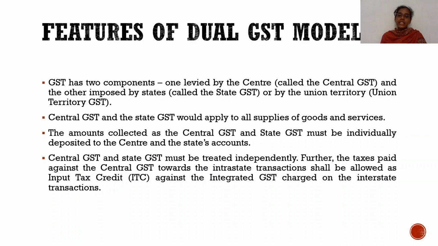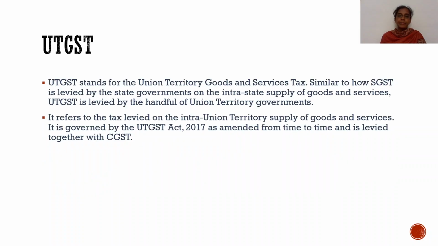So any of the taxes paid under CGST can be claimed under IGST. It cannot be claimed under SGST. In the same way, any of the taxes paid as SGST can be claimed towards SGST and IGST, but it cannot be claimed under CGST.